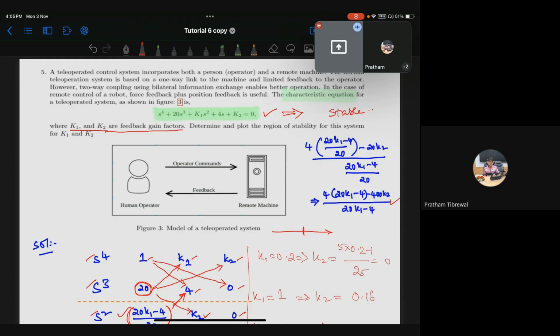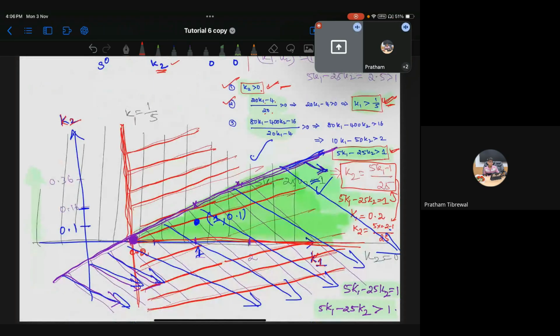That is the expectation here. We need to find the k1 and k2 range, this green region. So please draw the graph on the basis of k1 and k2 and check it.